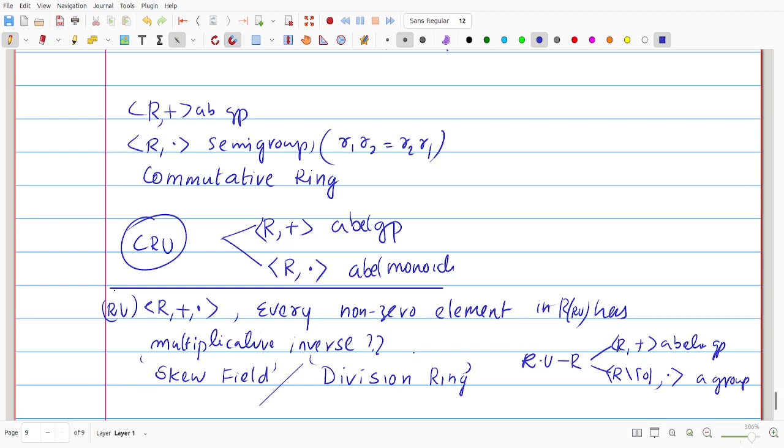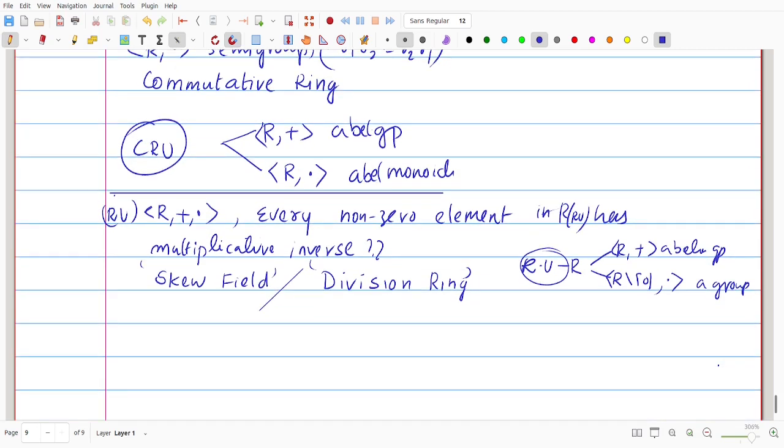So if this happens, then since this is a division ring, it satisfies all the other axioms of the ring. Okay, along with that, R minus 0 under multiplication is a group. Okay, such a structure is called skew field. So if you assume commutativity also in a skew field, that means a commutative skew field, then that structure is what we call a field.